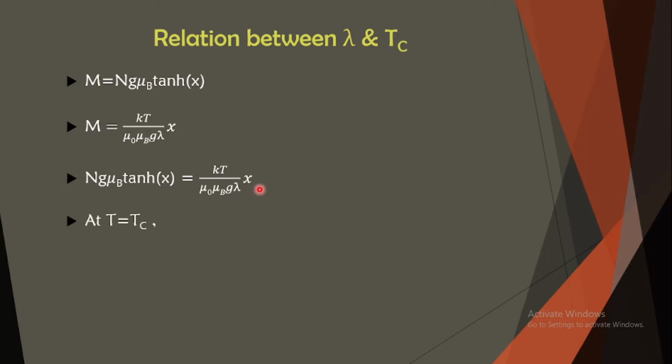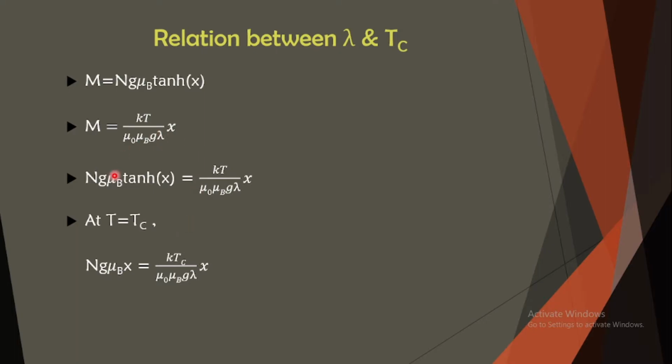So now let us consider temperature equal to transition temperature, and we have seen that when temperature is equal to transition temperature, spontaneous magnetization is going to just vanish. That is, the line will be tangential to the hyperbolic curve at the origin, and tanh of x is going to be almost equal to x itself, because x is very much less than 1.